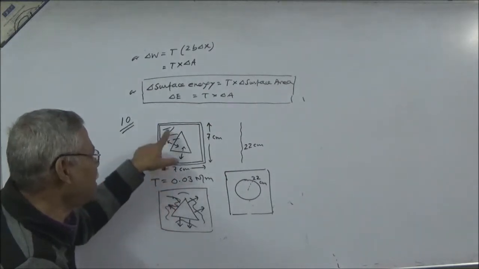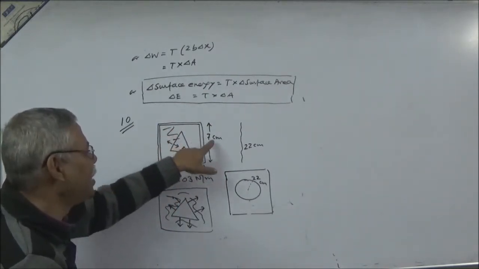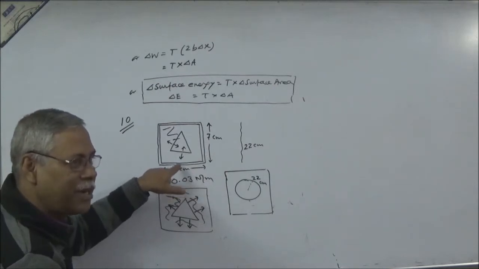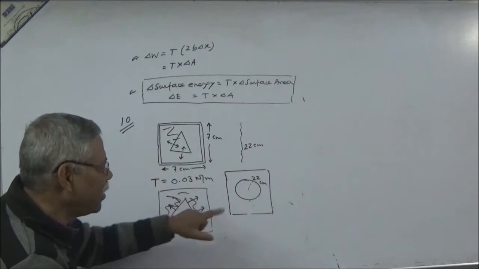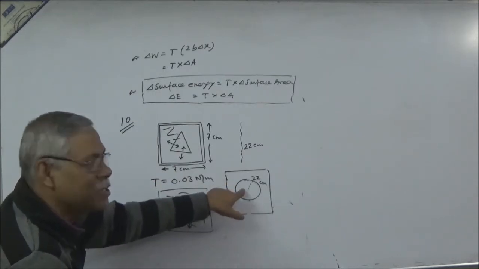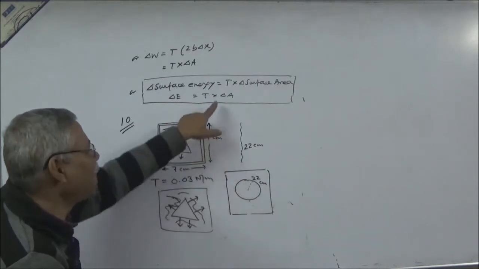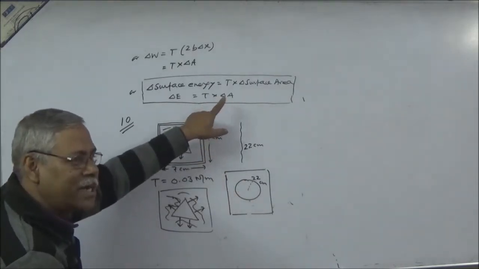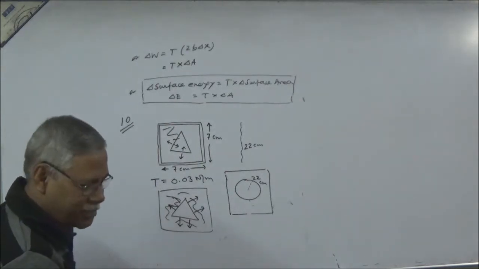Can you calculate the change in surface area of the film? Initially 7 into 7, whole film. Now 7 into 7 minus pi r square. Okay? So you can calculate change in surface area. Change in surface area multiplied by surface tension, you will get change in surface energy.